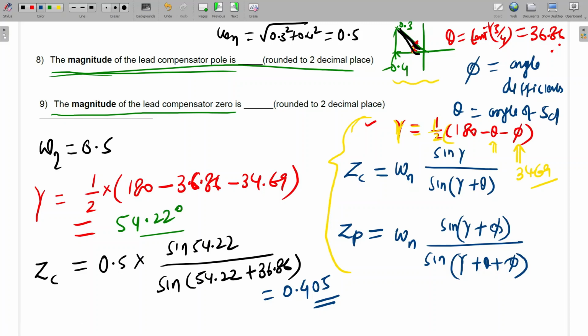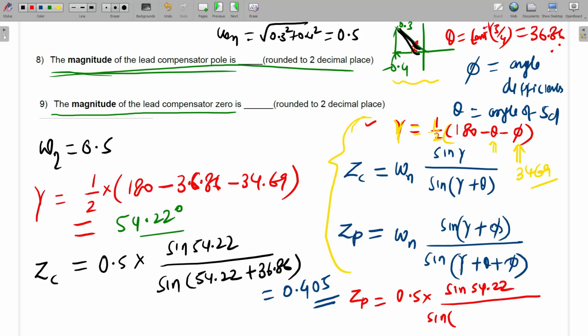Correct, sir. Okay. So similarly, we can calculate the pole value also. ZP will be equal to 0.5 into sine 54.22 divided by sine of gamma plus theta plus phi.